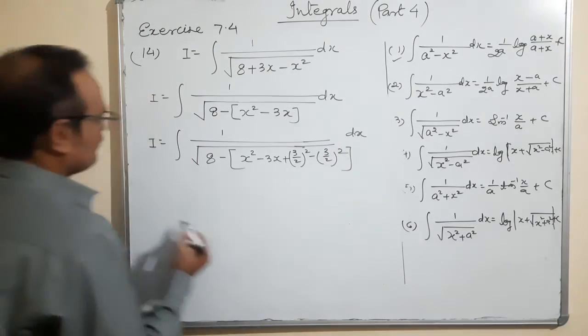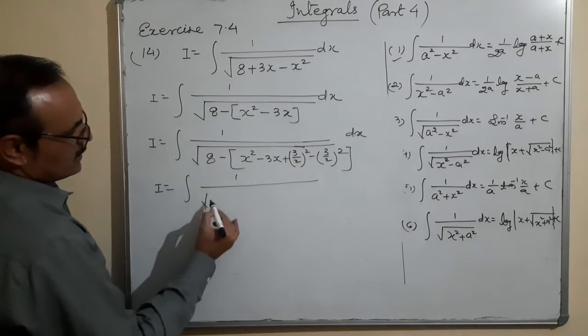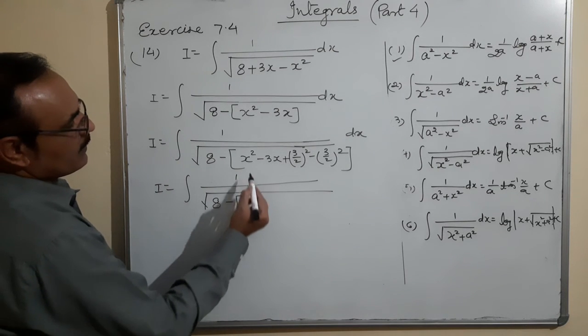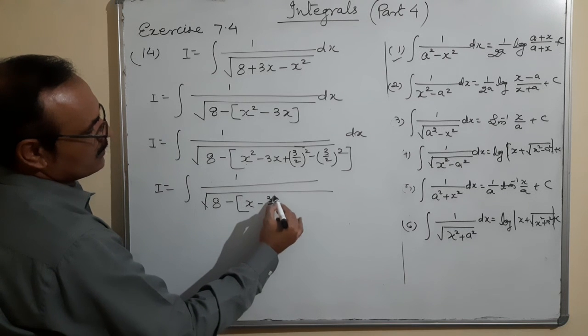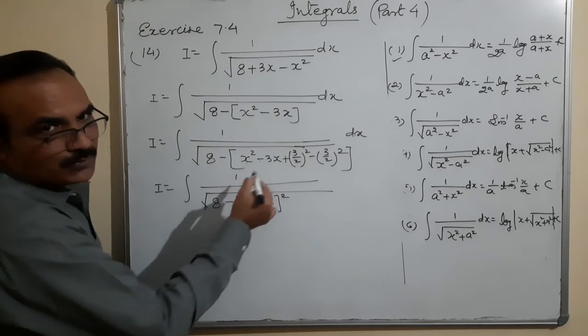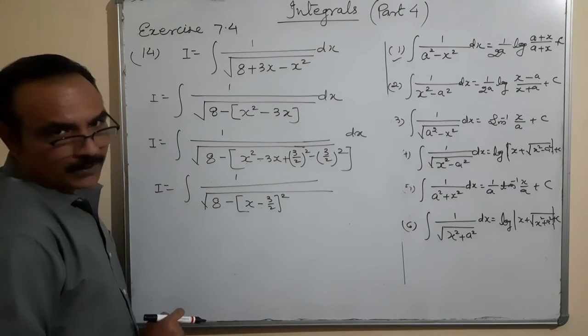I is equal to 1 upon under root 8 minus, it is x minus 3 by 2 whole square. Why minus sign here? Because a square minus 2ab plus b square is a minus b whole square. x minus 3 by 2 whole square.